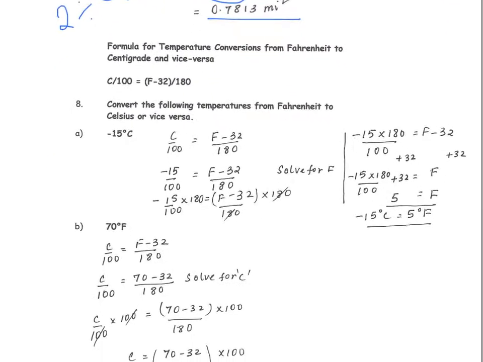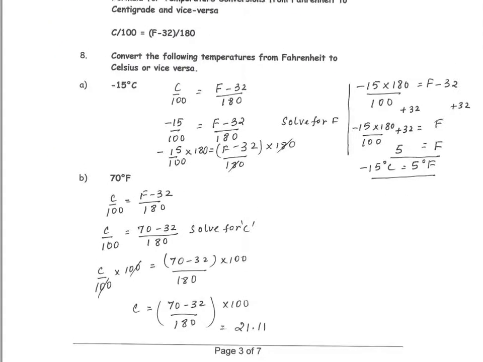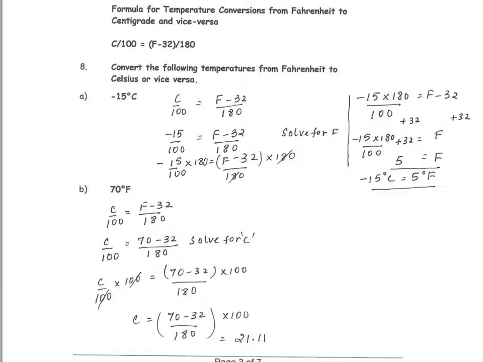The next problem is basically converting degrees centigrade to degrees Fahrenheit. So that's the equation. Whether you want to convert Fahrenheit to centigrade, centigrade to Fahrenheit, use the exact same equation. So in part A, we're given the temperature in degrees centigrade and we need to change it to degrees Fahrenheit.